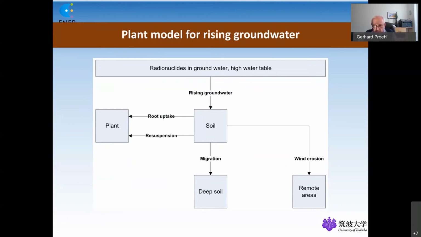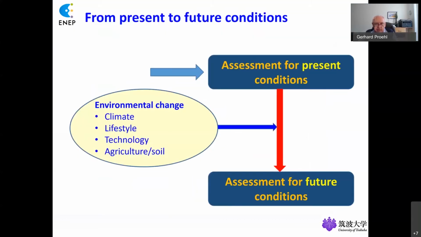So I think this is okay. However, we have talked about that we have to look for long time frames. The point is, how do we come from present to future conditions? In all these studies done so far, the starting point was always the assessment for present conditions.